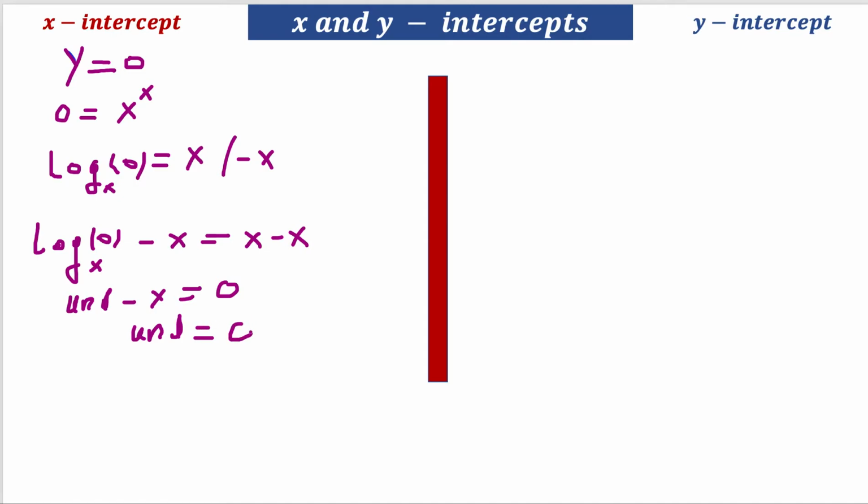So as we see in this equation, the right side of the equation is not equal to the left side. Therefore, this has no solution. Thus, the x-intercept does not exist.